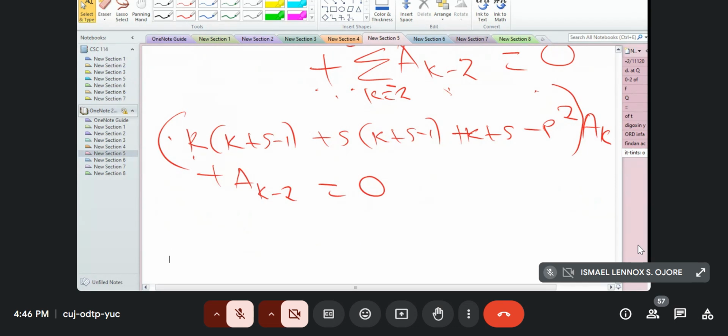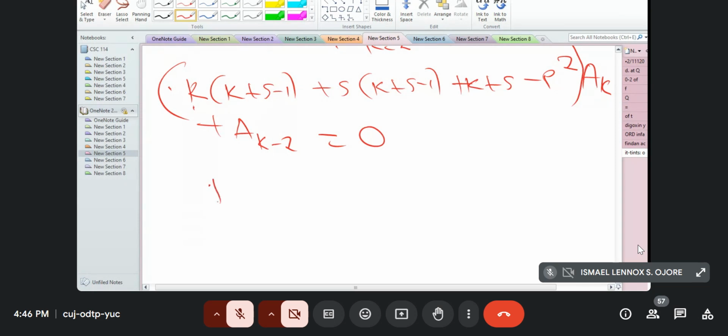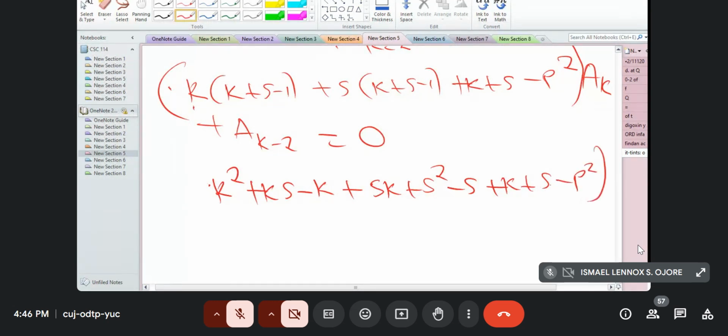Again, we are leaving out the summation symbol. K into k plus s, you have k squared plus ks minus k, plus s into k plus s, sk plus s squared minus s, plus k plus s minus p squared times ak, then plus ak minus 2 equals 0. Are there any terms that are going to cancel out in the first part? What can we group together?